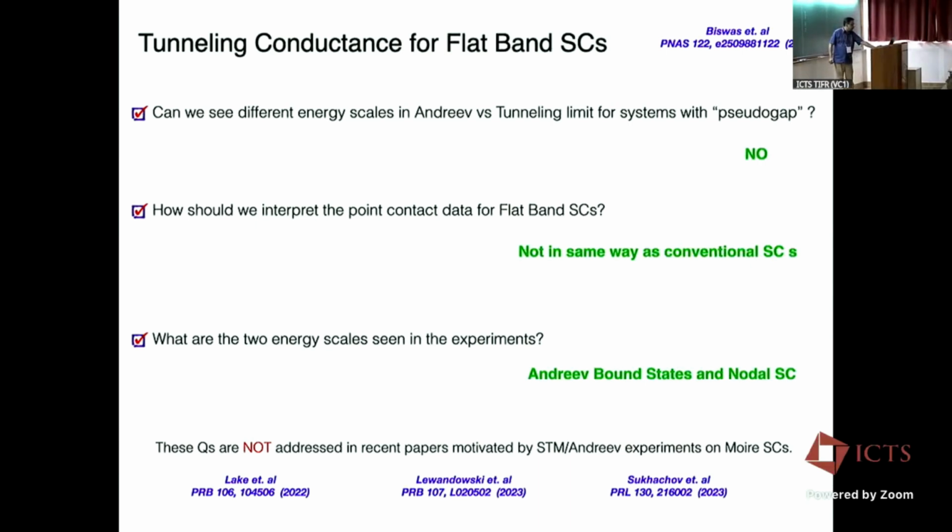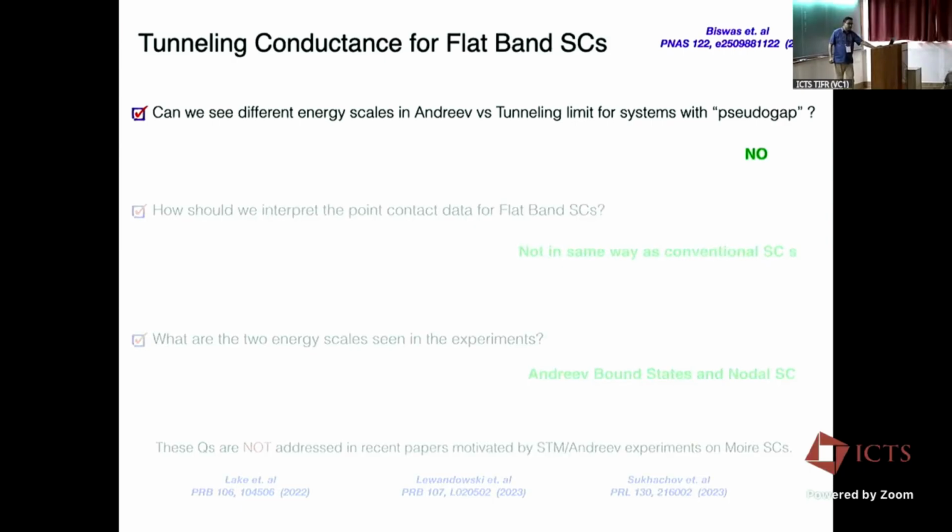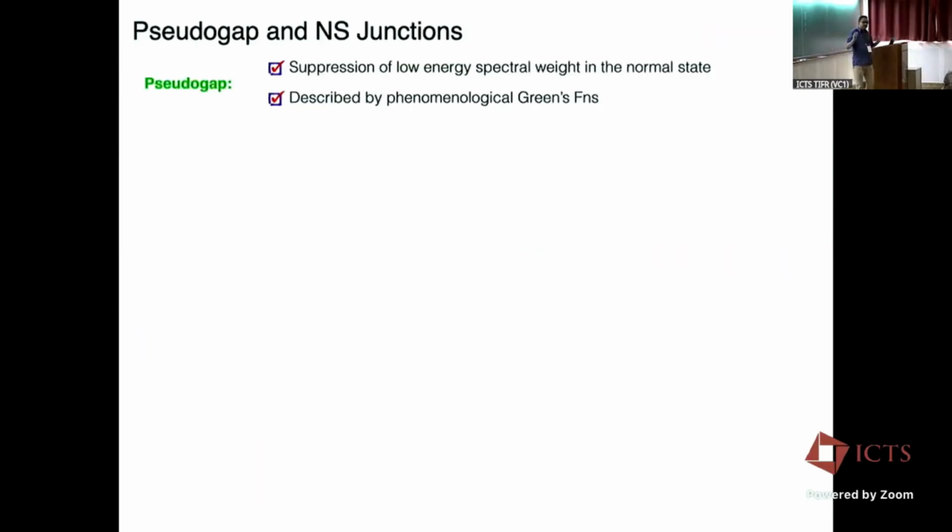Okay, so let's look at the pseudogap physics. Pseudogap for us is essentially a separation of low energy spectral weight in the normal state. And rather than doing a theory of the pseudogap, we will just put in phenomenological Green's functions, and see what comes out of them.